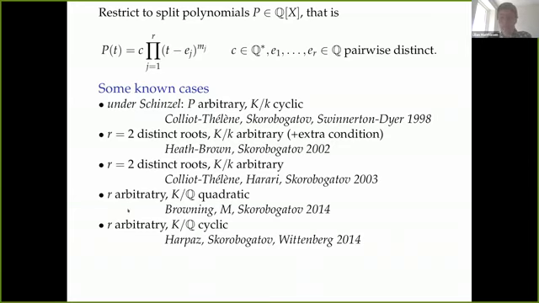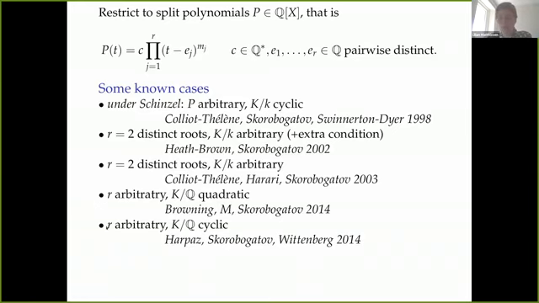By using descent theory, but not in combination with the circle method, but instead in combination with results about linear correlations of representation functions by binary quadratic forms, we proved in joint work with Browning and Skorobogatov that the conjecture also holds when you have a polynomial with an arbitrary number of distinct roots and are considering the case of quadratic extensions of Q. So this is a paper about conic bundles.